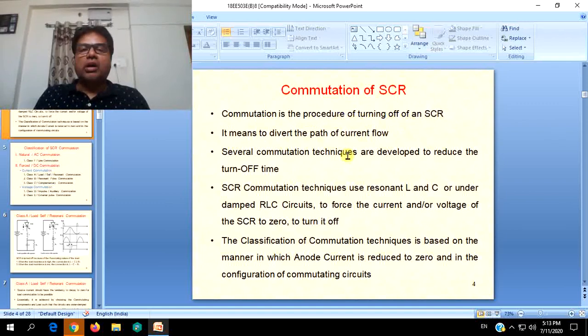But how is it done? What does commutation actually mean? Just go back to our DC machine working. In case of a DC generator, the current generated inside the armature is AC in nature, and that is converted into DC when it comes as the output.